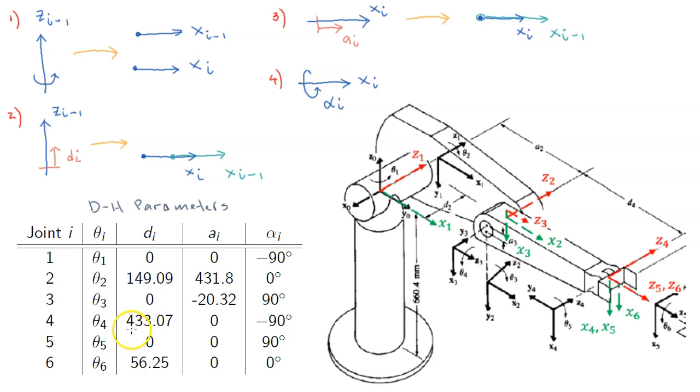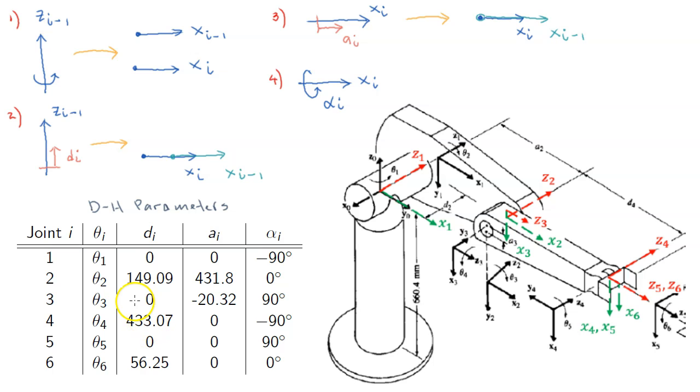We have to rotate coordinate frame 4 about Z4 such that X4 and X5 is pointing in the same direction. Okay, we don't have to rotate because they are already pointing the same direction. Next, how much to translate coordinate frame 4 in Z4 such that X4 and X5 are on the same line? The answer is 0. They are already on the same line. So that is why D5 is 0.